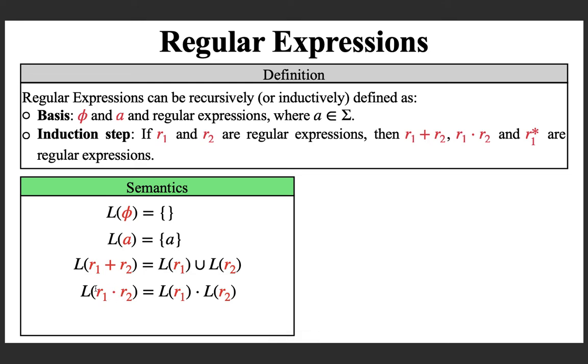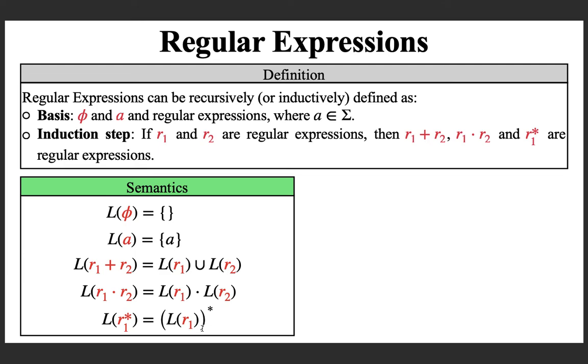R1 R2 represents the concatenation of the languages represented by R1 and R2. And for star closure, if you take R1 star, the language represented is the star closure of the language represented by R1. This is what we learned.